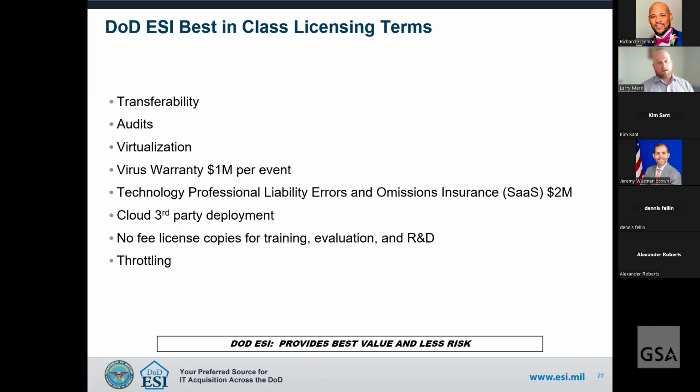But we try to get $1 million coverage in the way of a virus warranty, meaning that if we take delivery of the publisher's software and it gives us a virus, we are covered up to $1 million for them to reimburse us to remove the software, remove the virus, and fix any damage that virus may have done. And the errors and omissions, that's up to a $2 million coverage is what we're looking for.